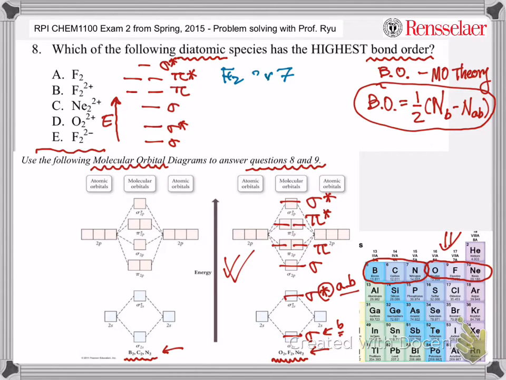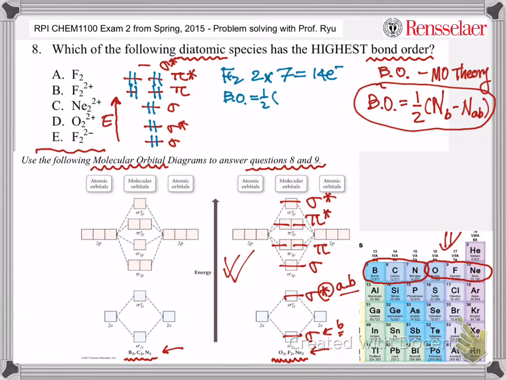There are 2 of them, so you have 14 electrons. I'm going to write 1, 2, 3, 4, 5, 6, 7, 8, 9, 10, 11, 12, 13, 14.